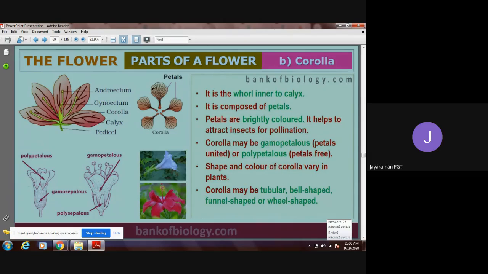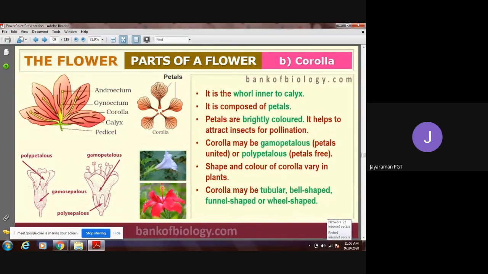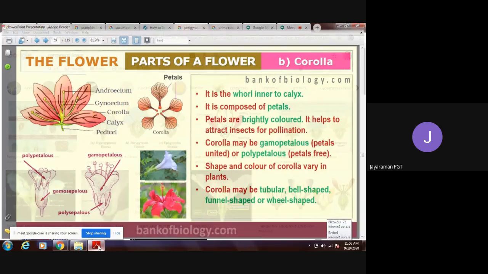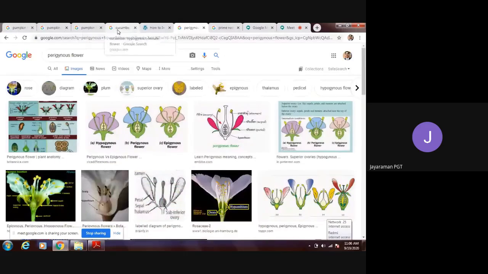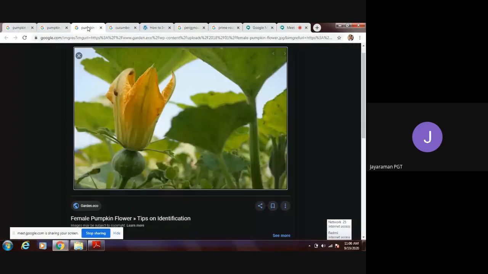Polypetalous: here you can see the free petals, in the case of this China rose. Polypetalous is free petals. Gamopetalous means, here in Datura, this is fused. Just for example, cucumber is fused, pumpkin is fused.